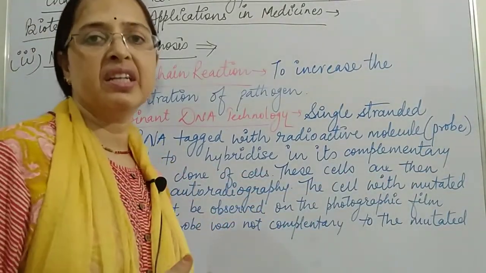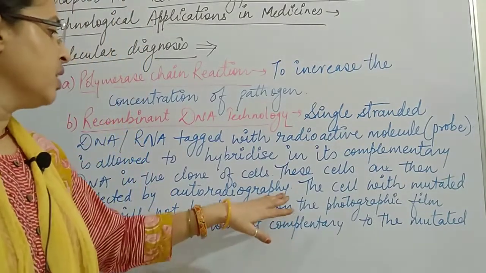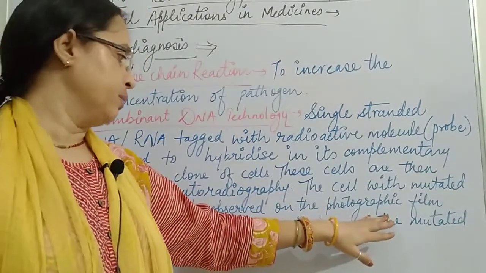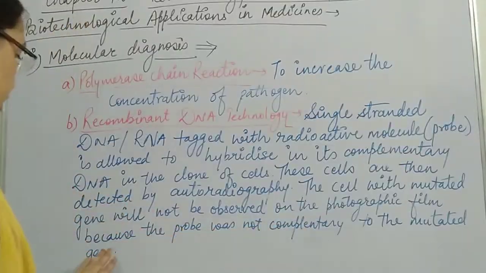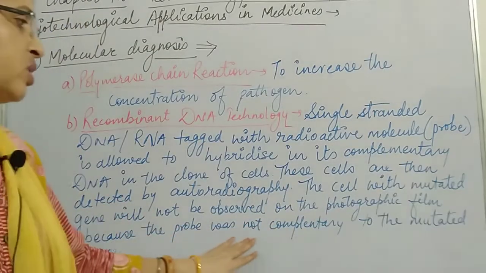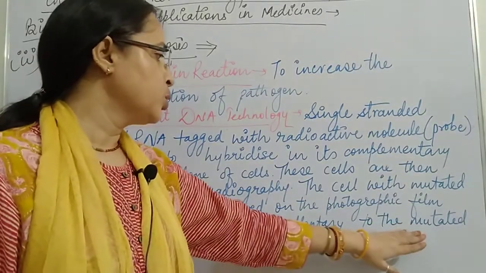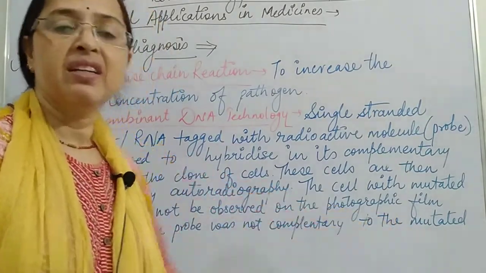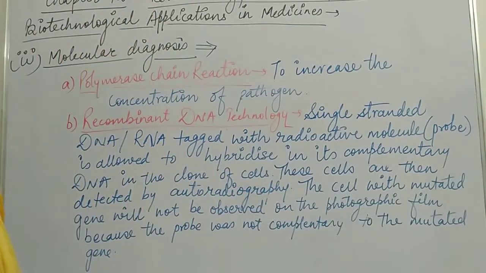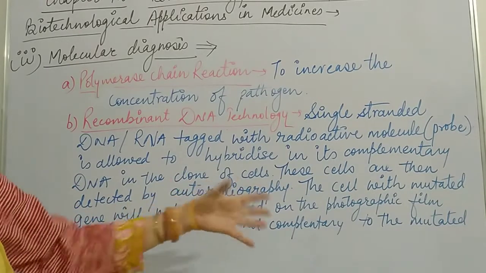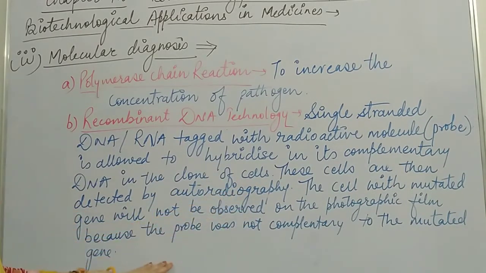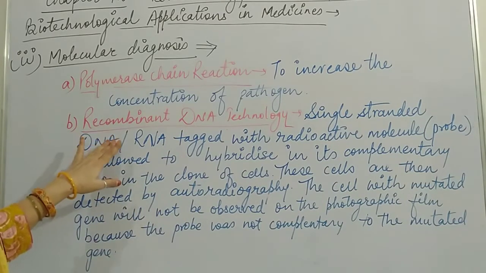That means the defective gene will not be observed on the photographic film, because the probe was not complementary to the mutated gene. In this way we can find the mutated gene, or the defective cell. So this is recombinant DNA technology.